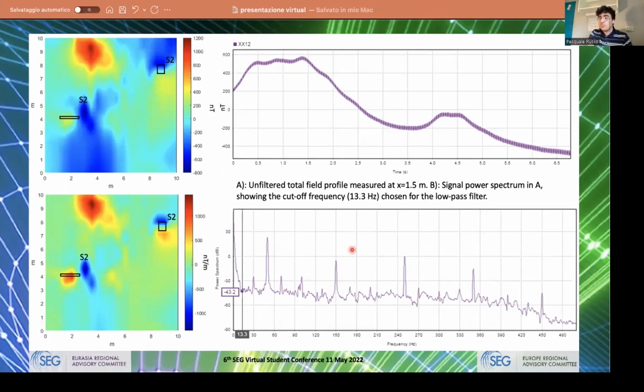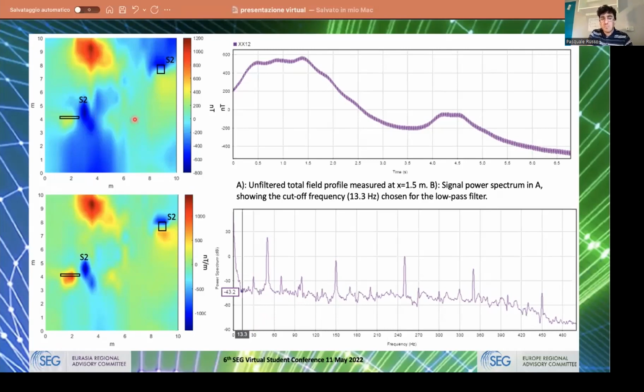In order to choose the right cutoff frequency, we obtained a frequency spectrum and found that it is dominated by the low frequencies, and that the noise level is reached from a frequency of 13.3 Hz, which we chose as the cutoff frequency.